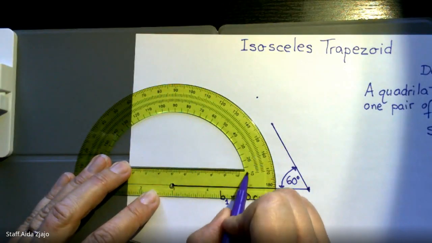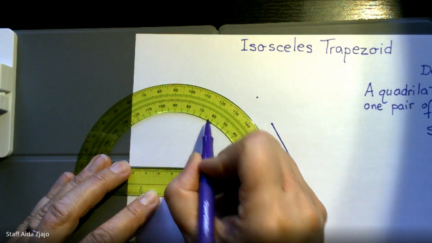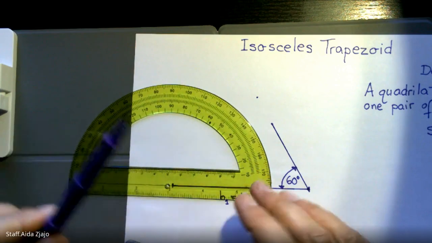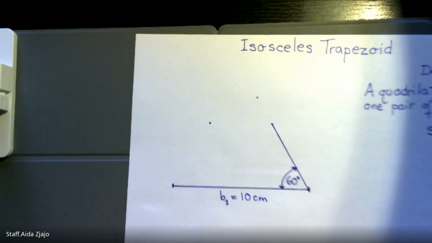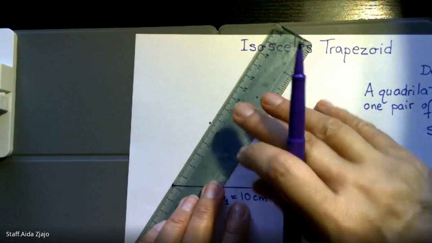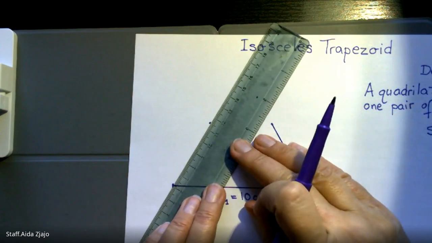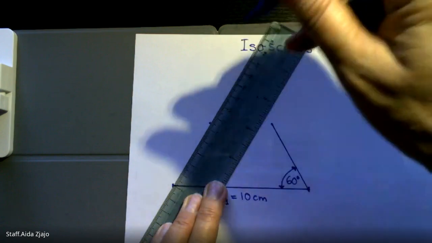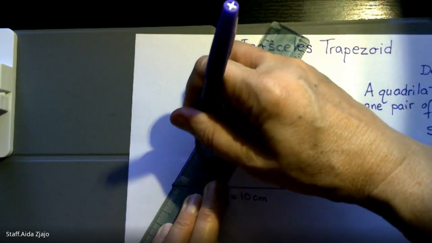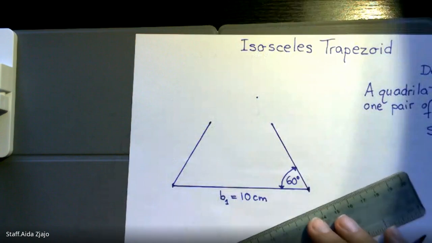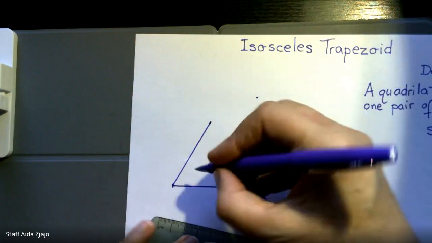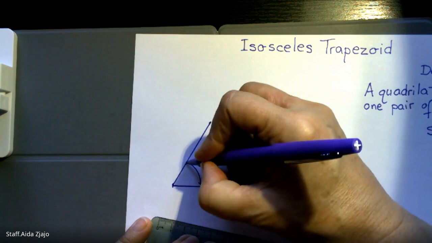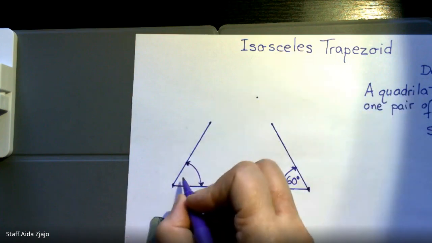There you go. All the way to 60, it's right there. So this angle on the other side of the leg is going to be congruent, which means the same. And then I can say that this is also a 60 degrees angle.